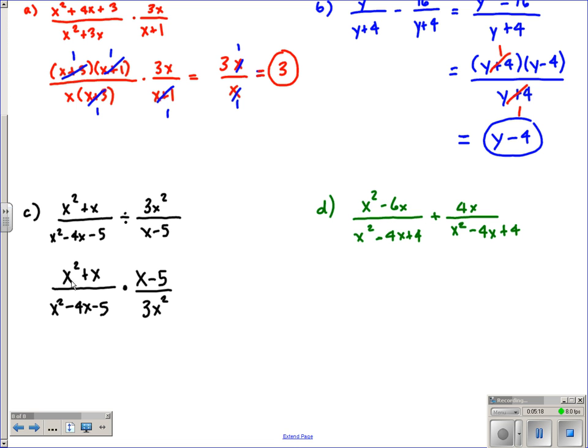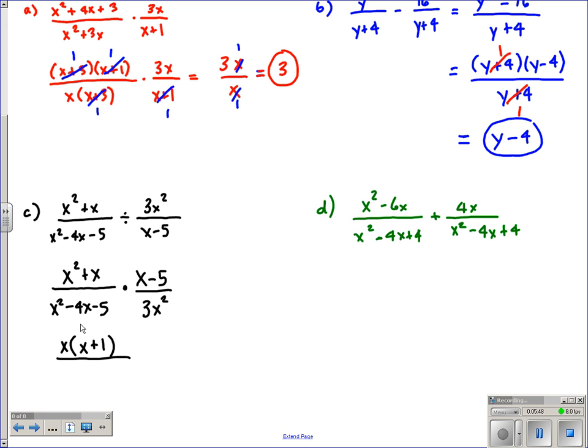Now, can anything factor? Just like in the first one, we can factor to help reduce our fractions. For x squared plus x, we can factor out a common factor of x. x times what is x squared? That'd be x. And x times what is x? That'd be plus 1.